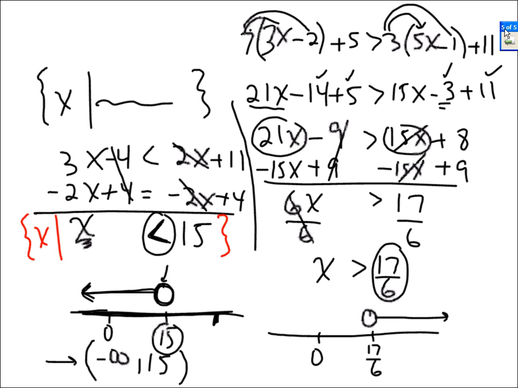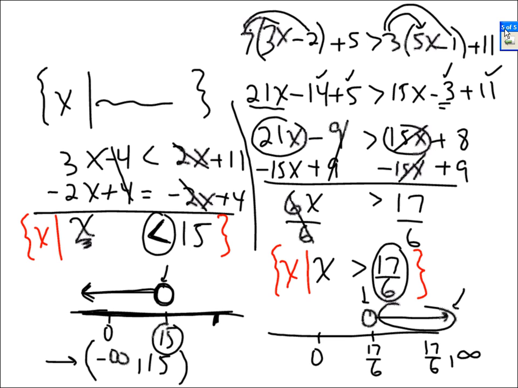Those are 2 answers. The third answer, I'll just modify the first one. It's the set of all x such that x is greater than 17 over 6. Close the bracket. Now for interval notation, here's my interval. The left one starts at 17 over 6, and the right end, well, there is no right end.